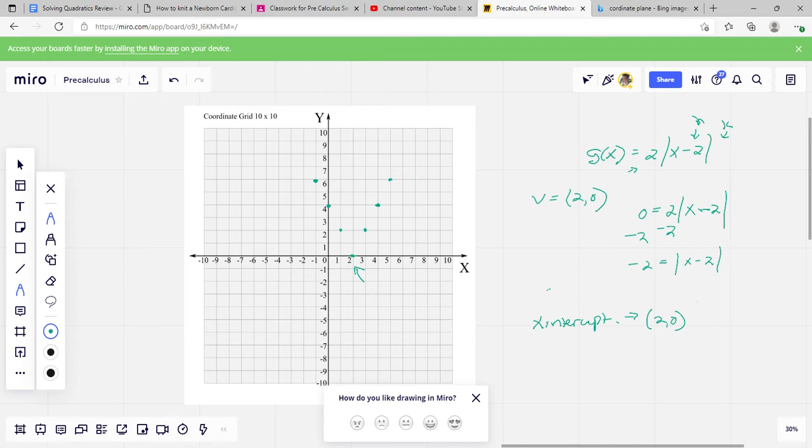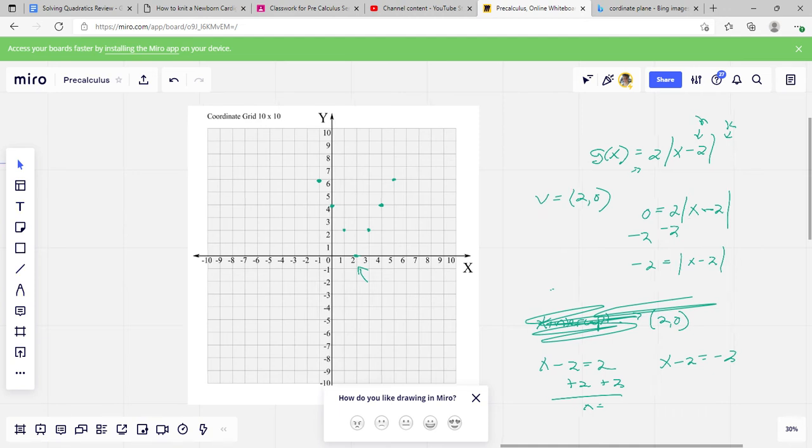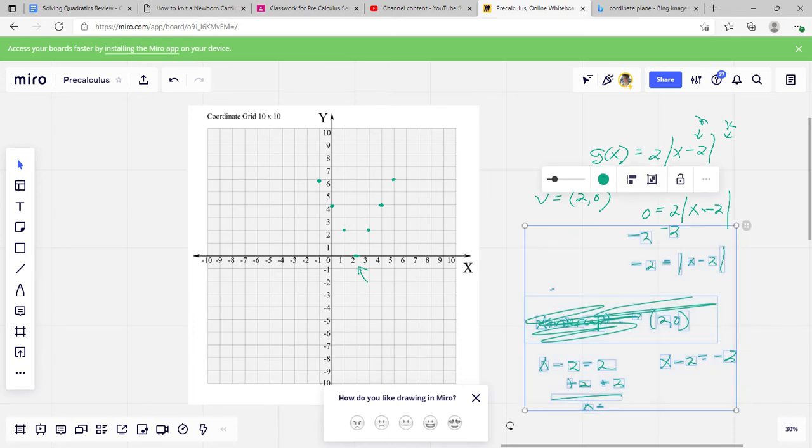And then I would have to do the negative and positive values. So x minus 2 equals 2, and x minus 2 equals negative 2. We get x equals, see, nope, that's not right. Hang on. Set that up wrong. Let me erase all this junk out of my way. There we go. Okay.